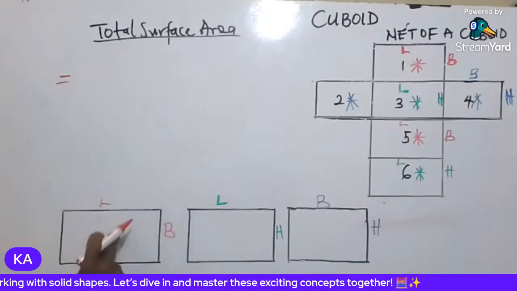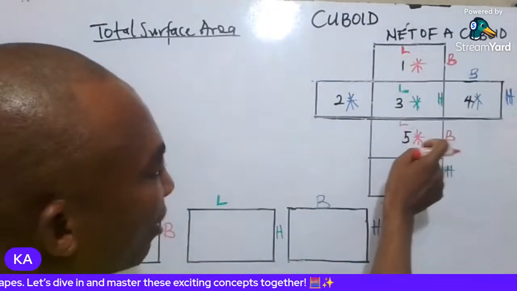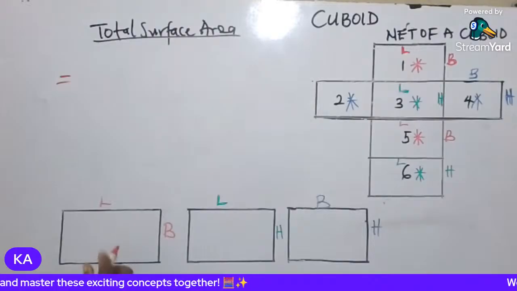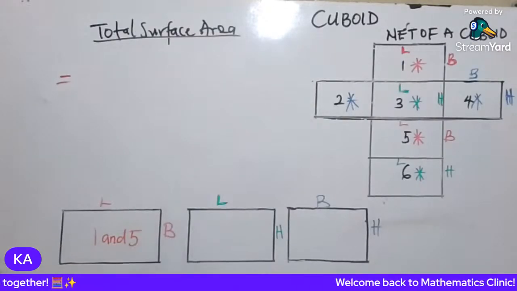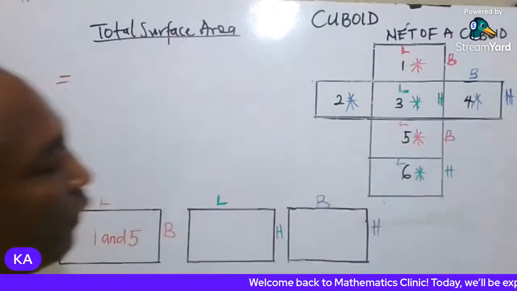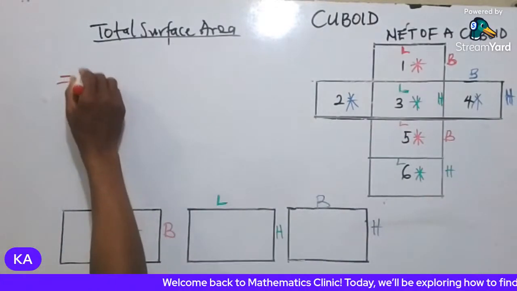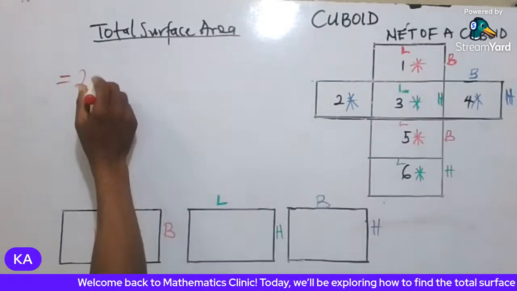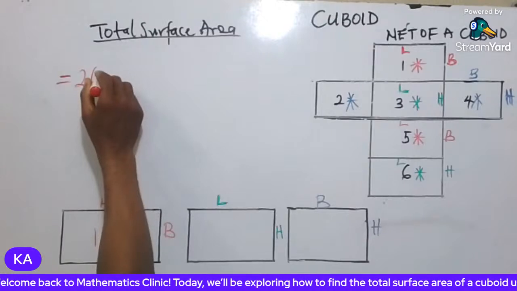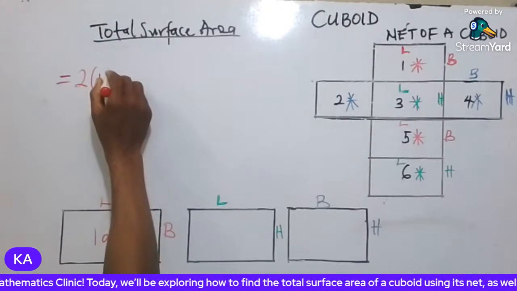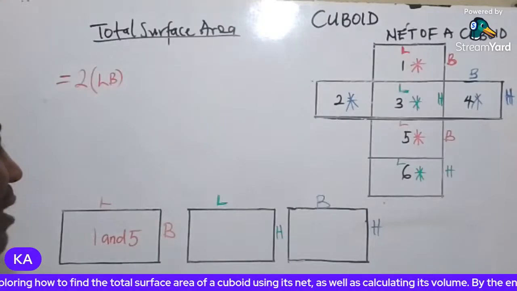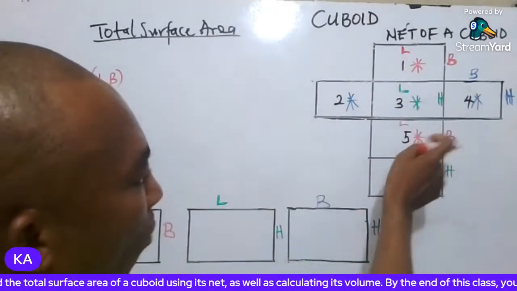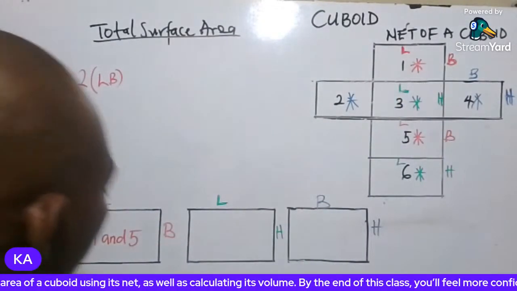Don't forget, it's going to be 2, and this one now is face 1 and face 5. So which is going to be 2 into length and breadth. Can you see that? Because it's going to give me 2, 1 and 5.